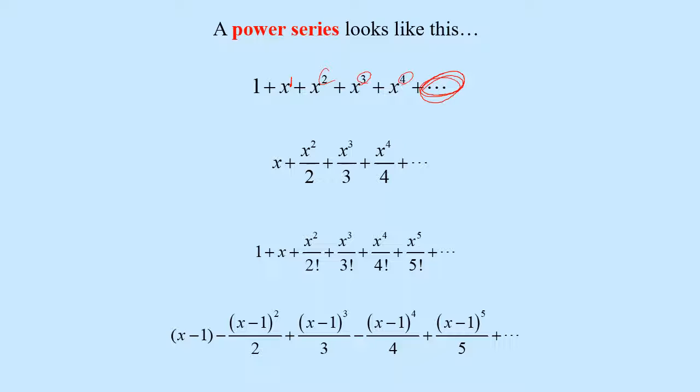Same thing with the second one, x to the 1, x to the 2, x to the 3, x to the 4, and so on. All of these are polynomials with increasing exponents that go forever. So that's a power series.